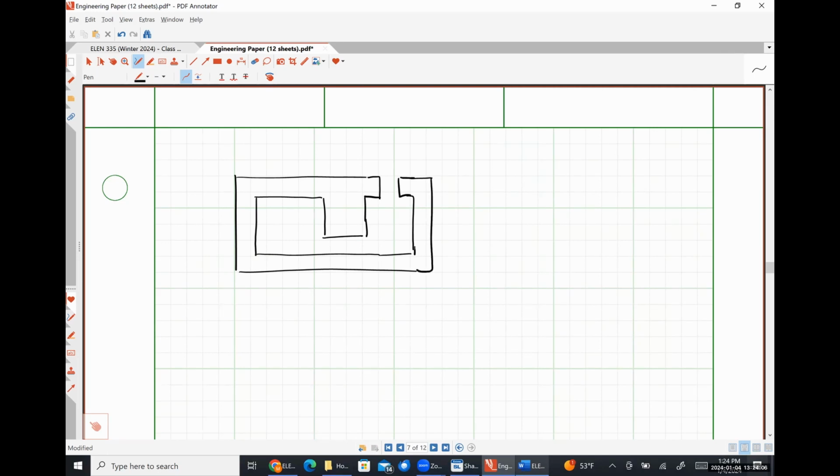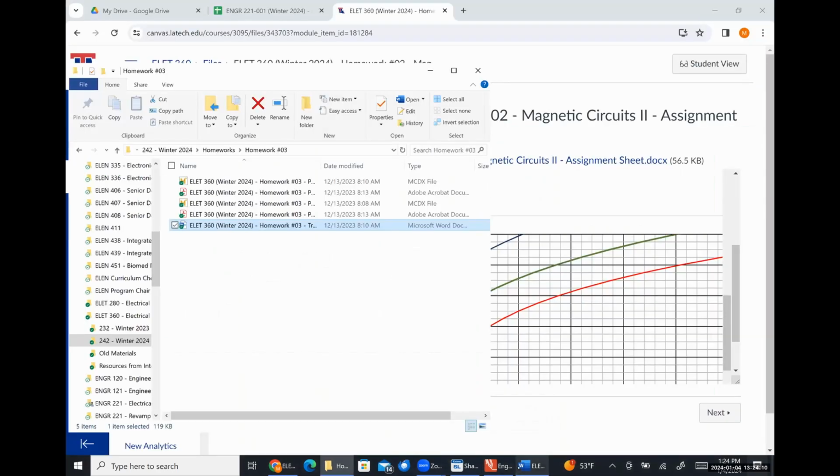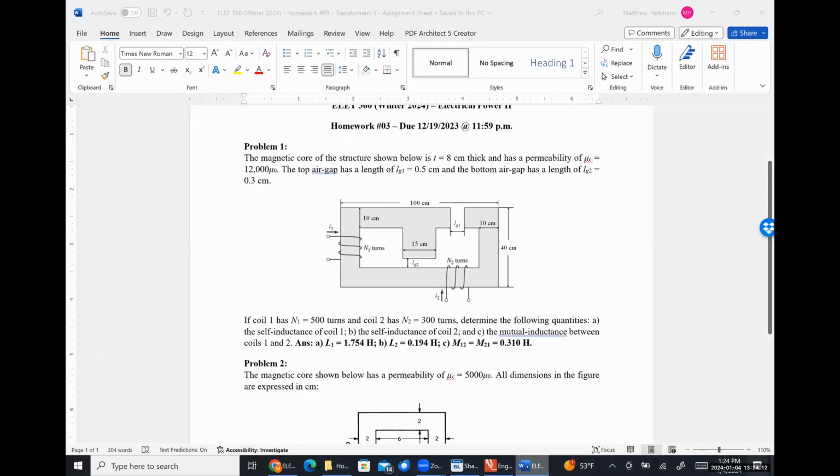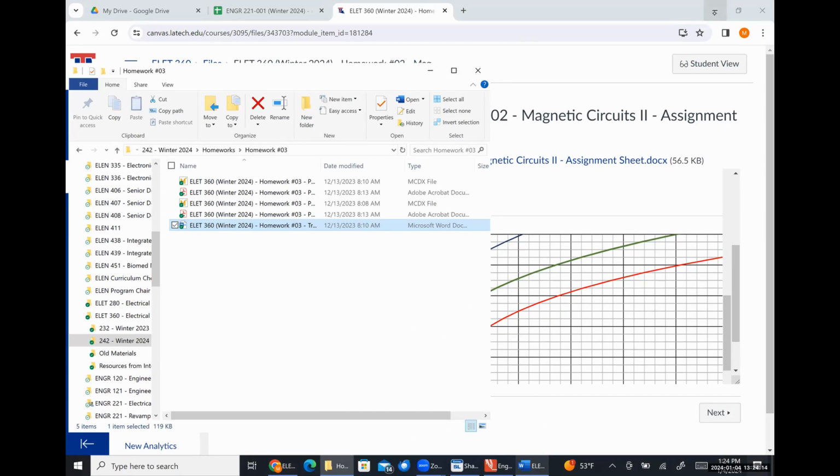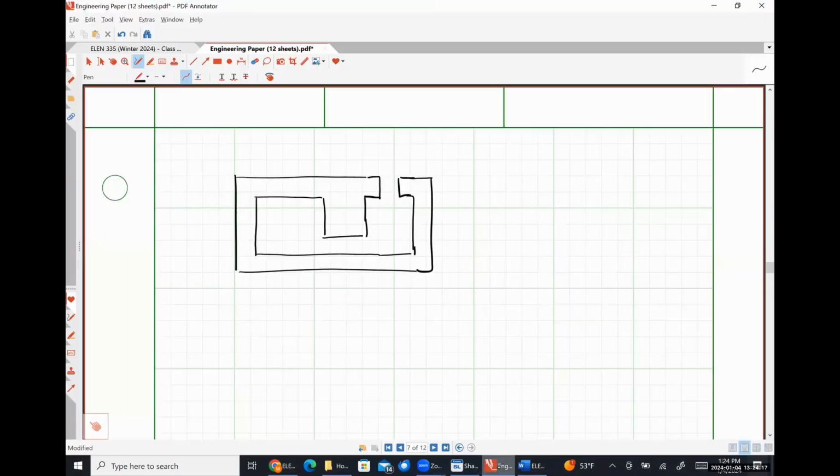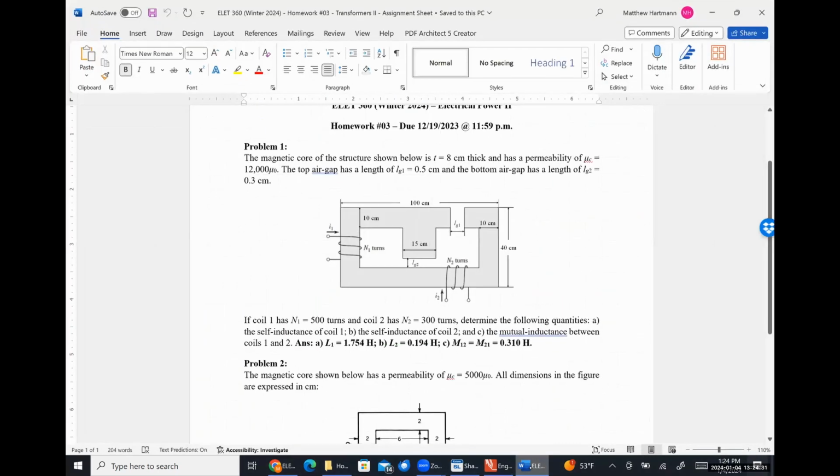We have an ugly looking core, something like this. We have one coil on the left-hand leg, if I'm remembering correctly. Sorry, getting confused with all the windows I have open. So this is coil 1, and it has 500 turns.